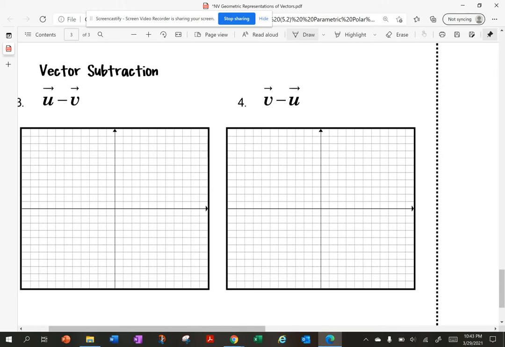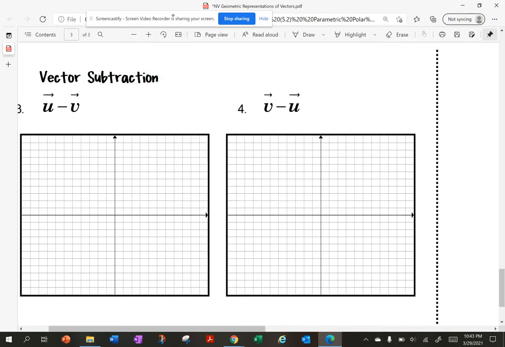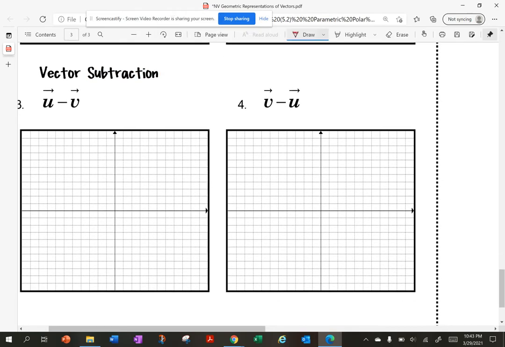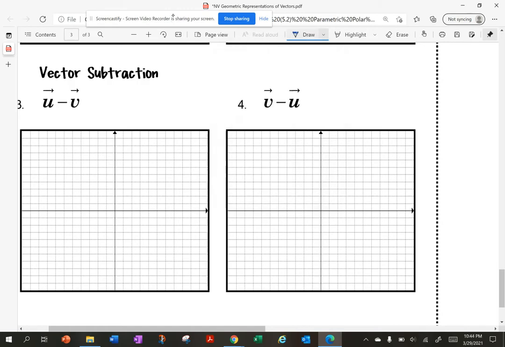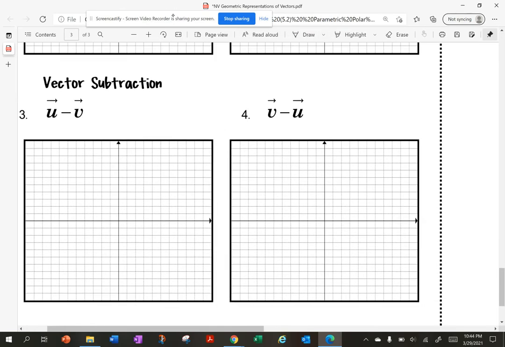So when I'm subtracting, I'm going in the opposite direction. So I'm going to really take vector u, and instead of vector v going up and to the right, I'm going to go down and to the left.